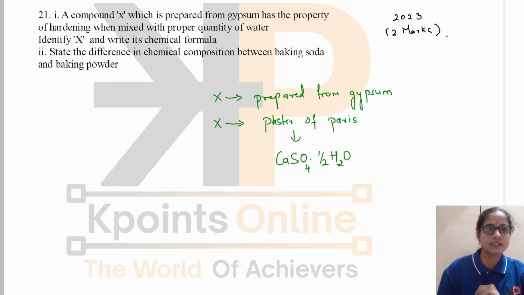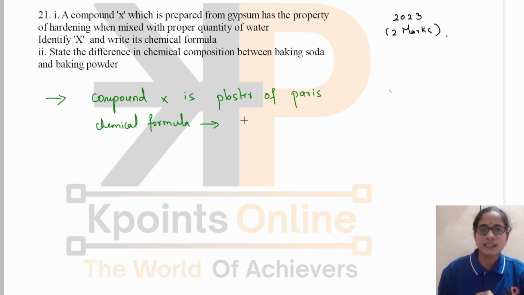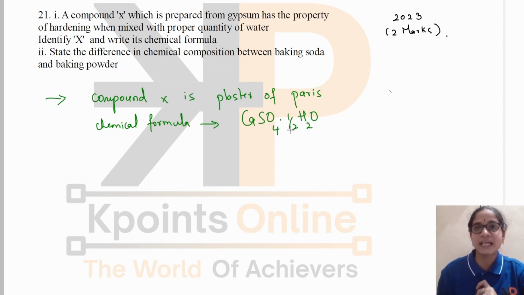Okay, so let us write. So compound X is plaster of Paris as it is prepared from gypsum. Chemical formula, it is CaSO4 half H2O. It is also called calcium sulfate hemihydrate as it has half water molecule of crystallization.